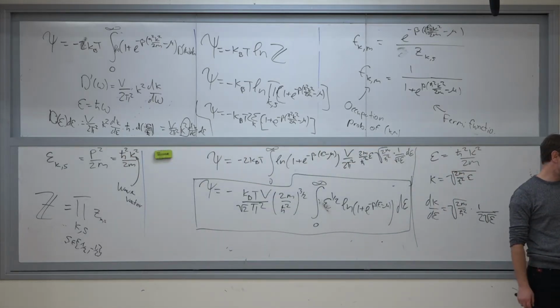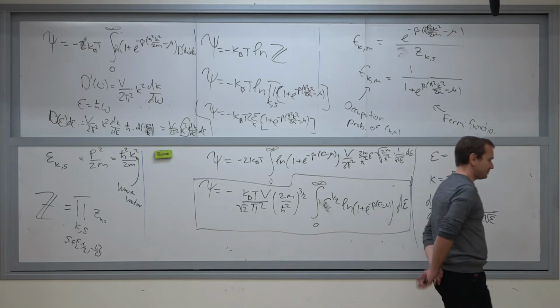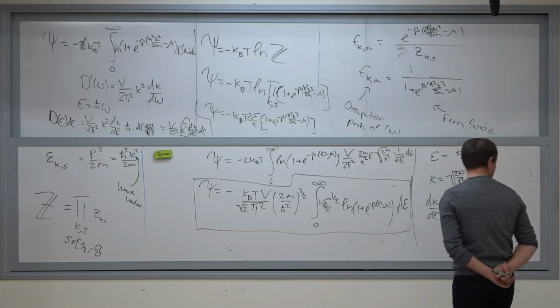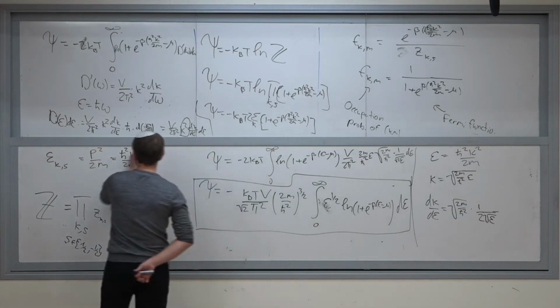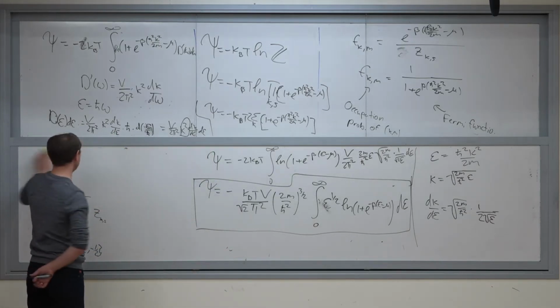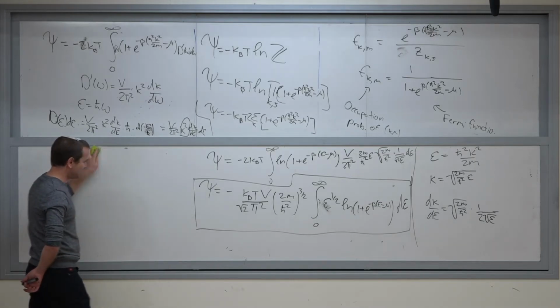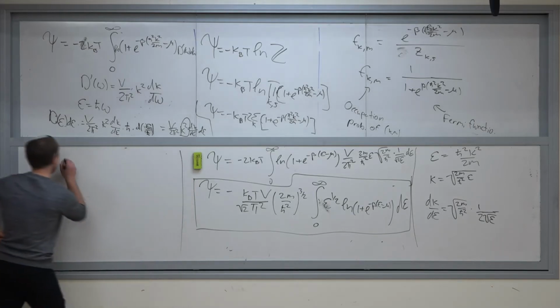Not a very nice function, right? Now, if we want to compute something like the average number of particles inside the system, it becomes even uglier, right? Because what is n?